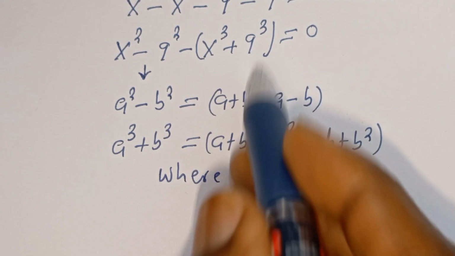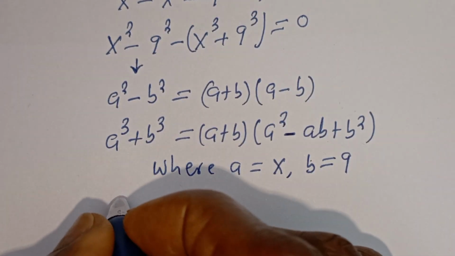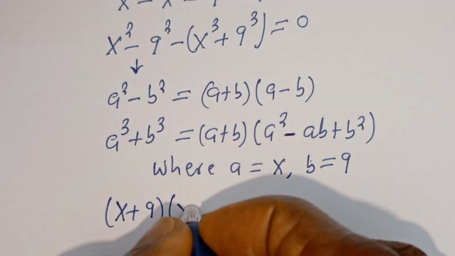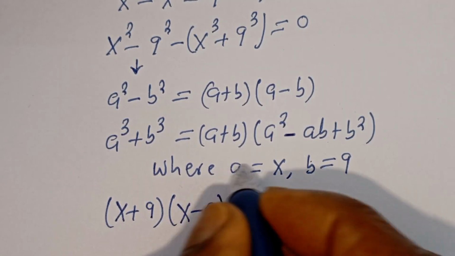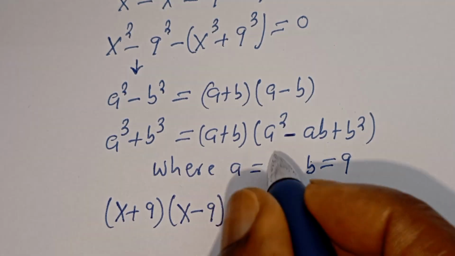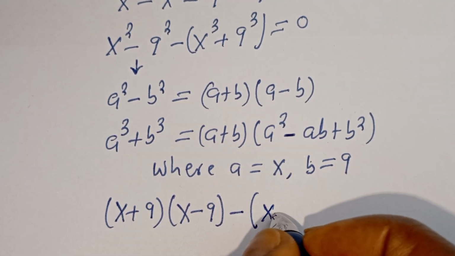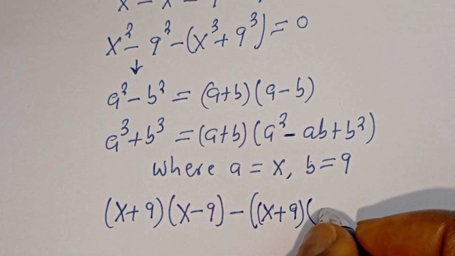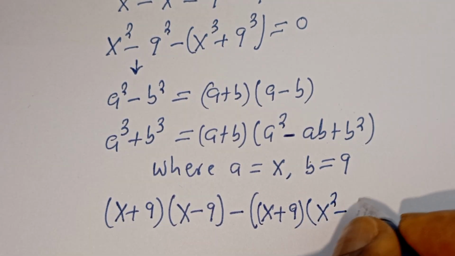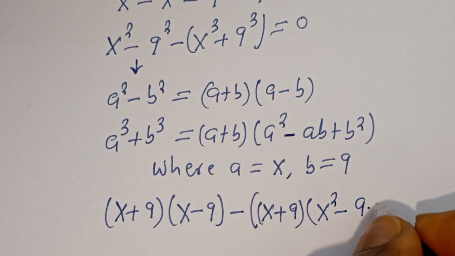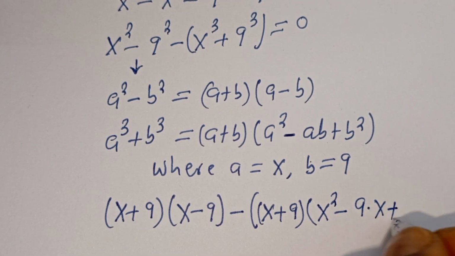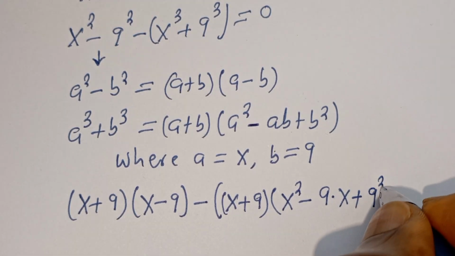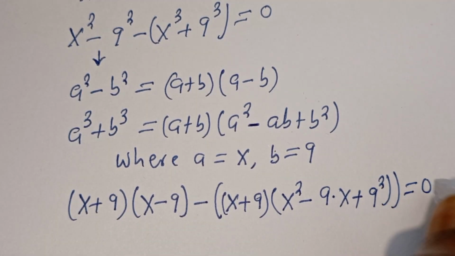Let's substitute here. We have s plus 9 bracket s minus 9 minus, here we have s plus 9 bracket s squared minus 9 multiplied by s plus 9 squared is equal to 0.